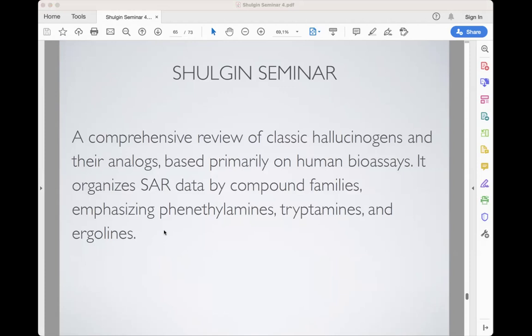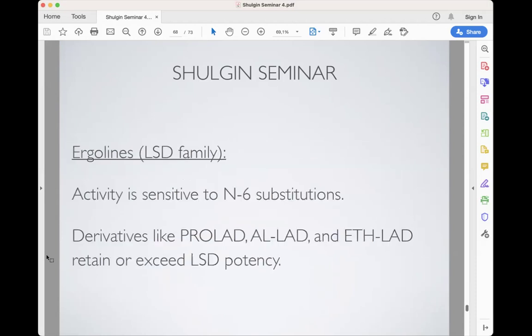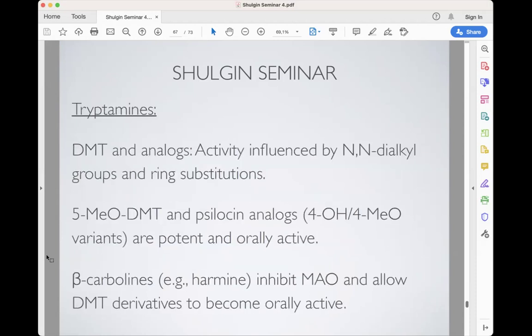It was written apparently 3 years before the publication of Tikal, but all those tryptamines described in Tikal are already included in the analysis done here in this paper.